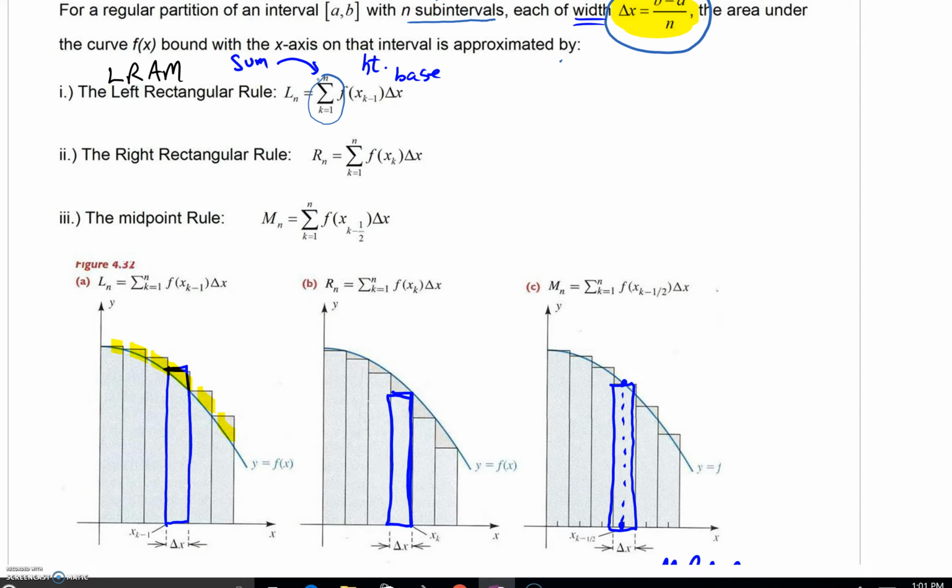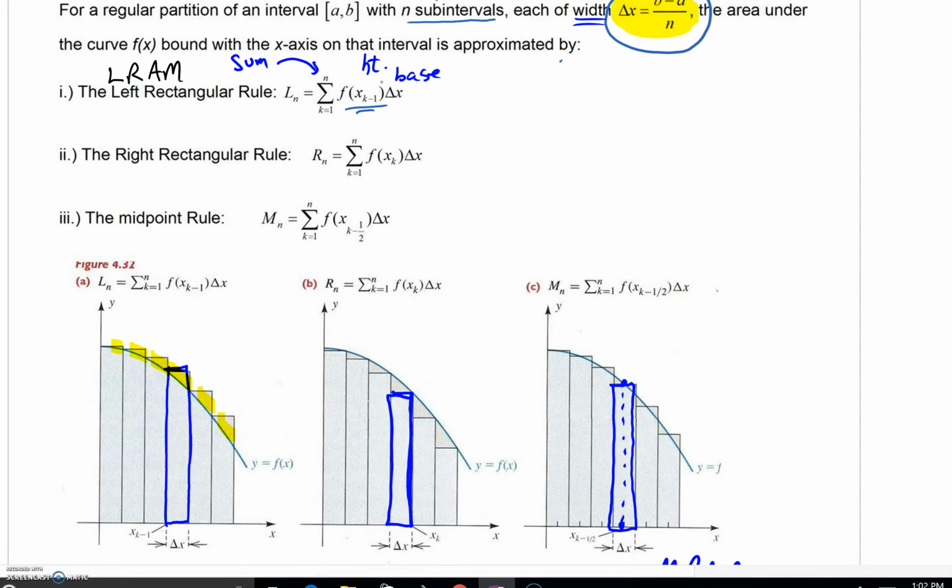The Greek letter sigma is kind of like their Greek letter S, S for sum. And you're always going to have f inside of sigma. That's going to determine the height of your rectangle. And then you're going to multiply that times the base. The base, as we said, is always delta x.